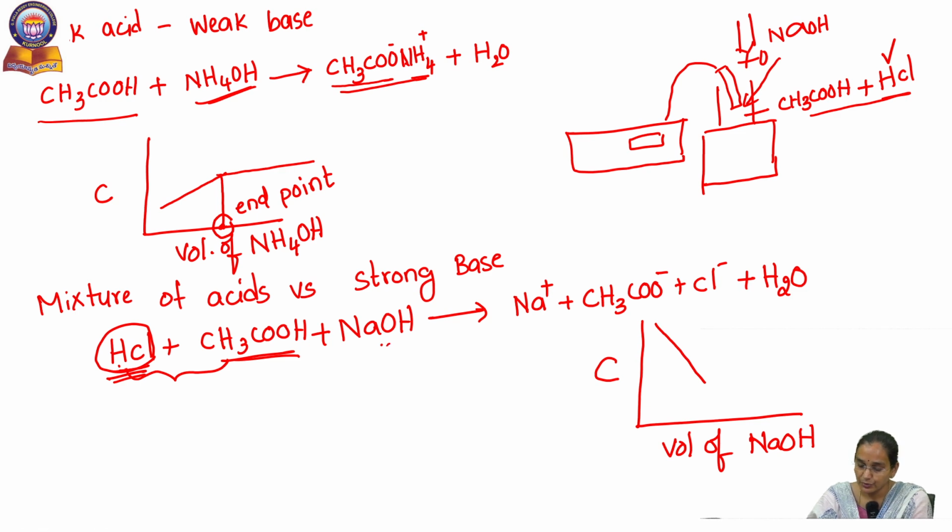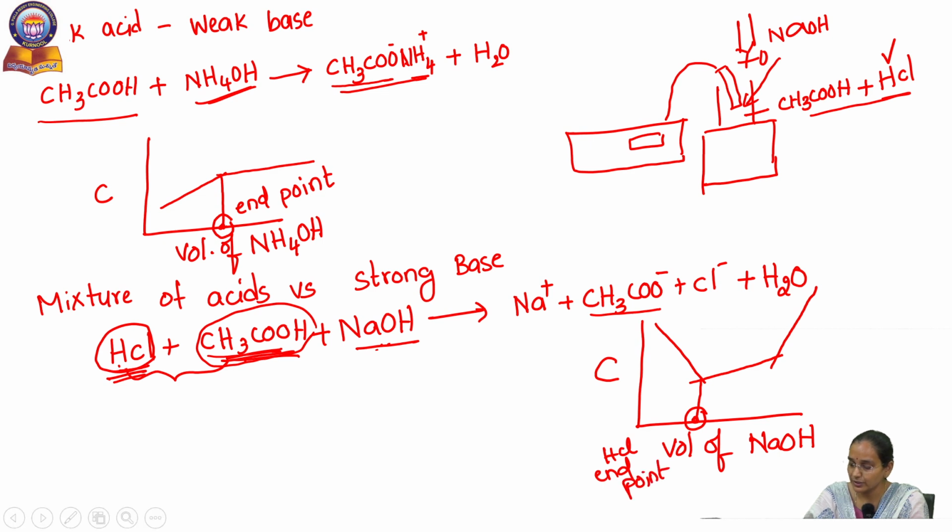With the addition of sodium hydroxide to acetic acid, the number of acetate ions increases. And this is a bulky ion, so it doesn't move faster. So conductance increases slowly. Then after neutralization of acetic acid, if we add sodium hydroxide, then the number of ions increases and fast moving ions also increase. So conductance increases rapidly. This is the endpoint of HCl.